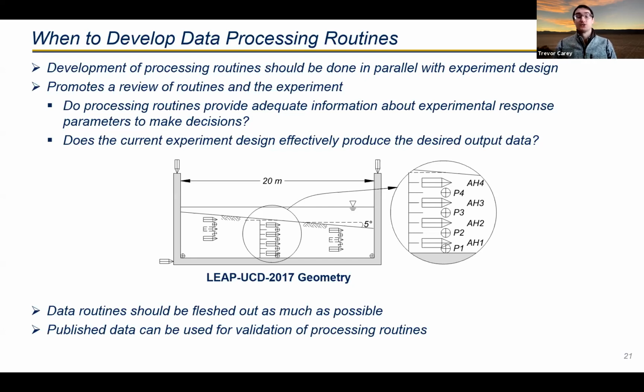The pore pressure transducers, I want those between the accelerometers to tell me the pore pressure response during that stress strain behavior. This highlights that data routines should be fleshed out as much as possible when you're doing this.